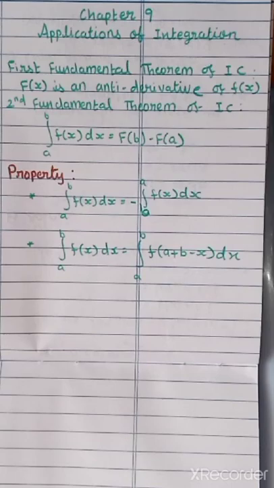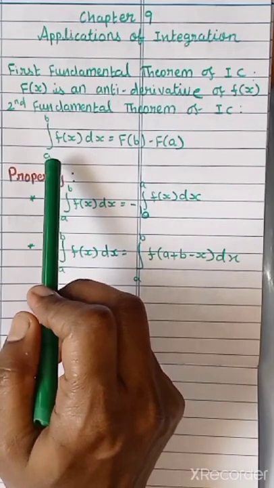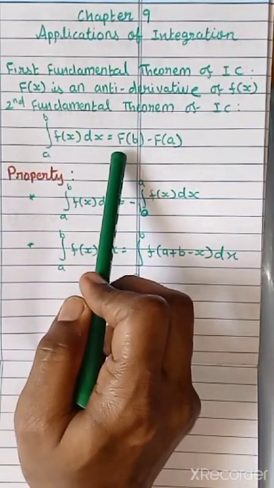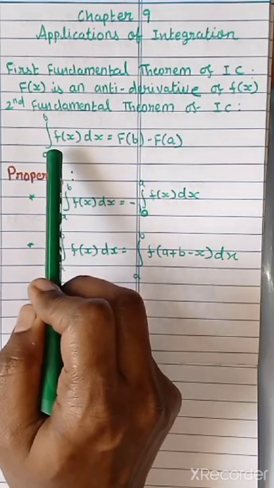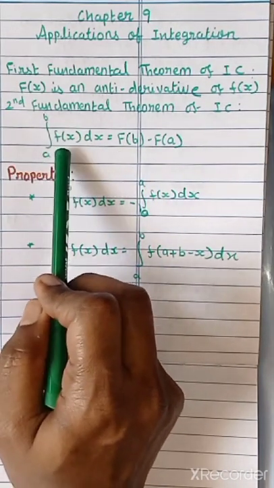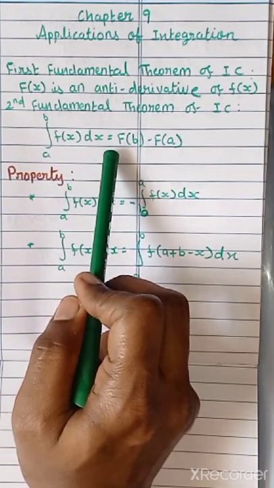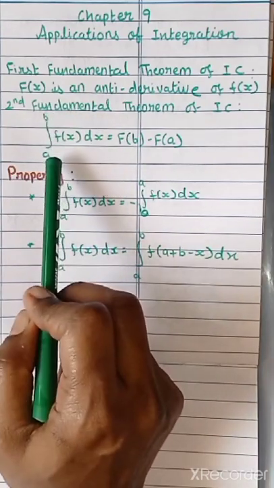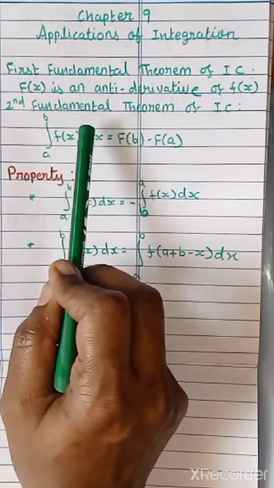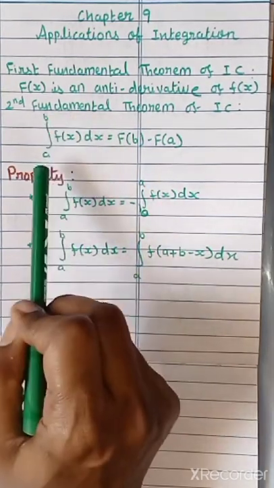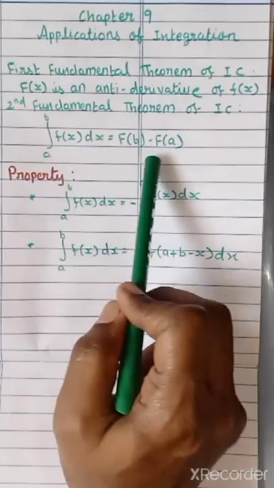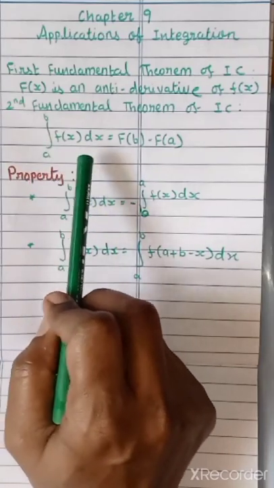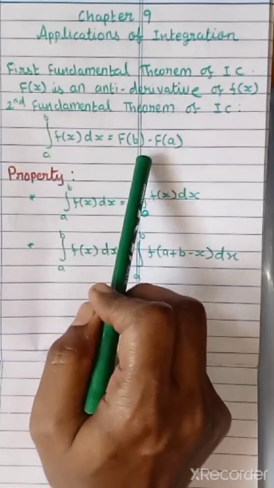Then the second fundamental theorem says the integral from a to b of small f of x dx equals, using the antiderivative of f of x, upper limit minus lower limit. So in the function F, we take F of b minus F of a. That is your second fundamental theorem of integral calculus. So the integral from a to b of f of x dx equals F of b minus F of a.